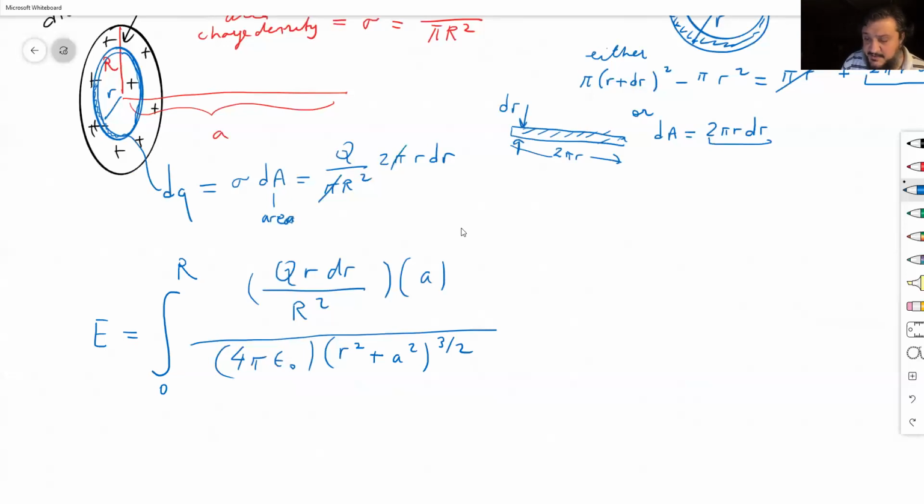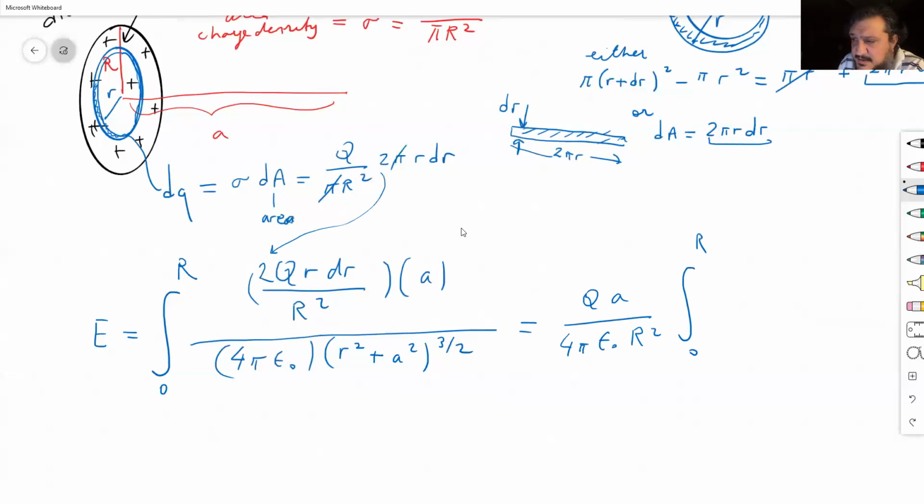So this is equal to Q a over 4 pi epsilon 0 R squared, integral from 0 to R. I forgot a 2. There was a 2 here, remember? I'm glad I saw that.